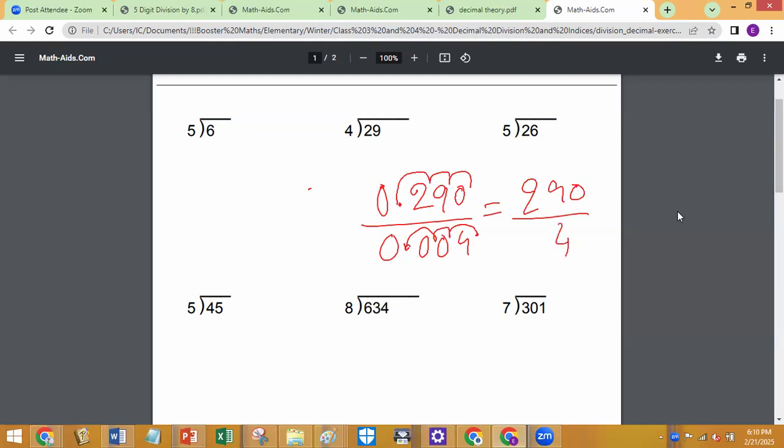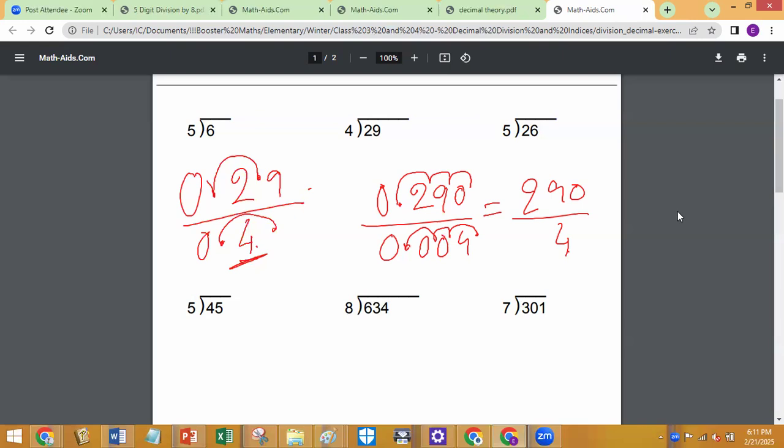And then you can go about solving the problem. Now let's say that it was 0.29 divided by 0.4. We will be moving the decimal place in the denominator, and we do the same in the numerator. So it becomes 4 and then it becomes 2.9. As long as the divisor is a whole number, you can start the division process.